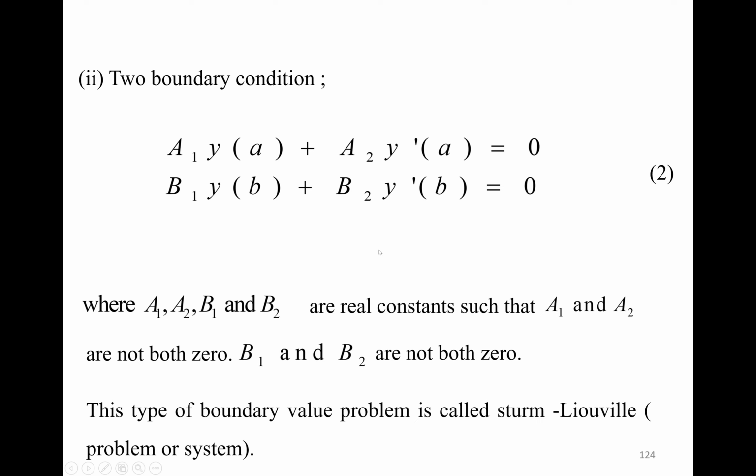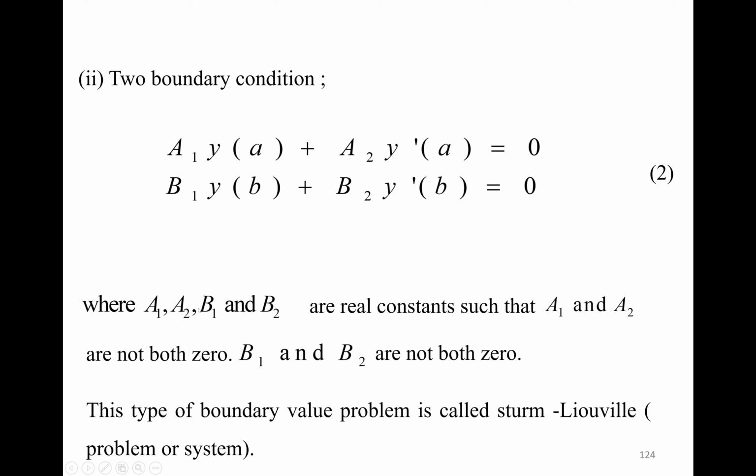Two boundary conditions that we are going to apply. According to equation 2, a1 y(a) plus a2 y'(a) equals 0, where y'(a) implies dy/dx, and b1 y(b) plus b2 y'(b) equals 0.